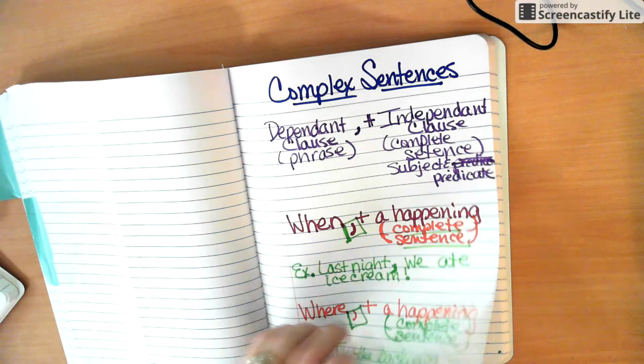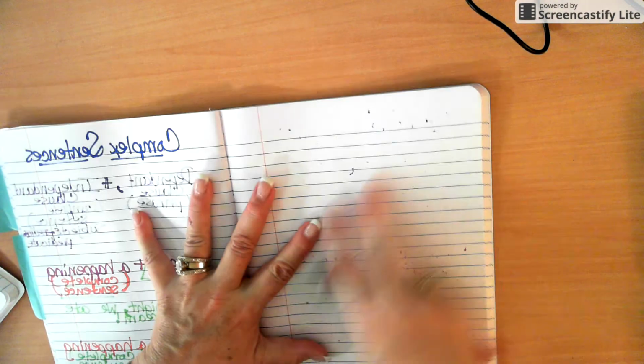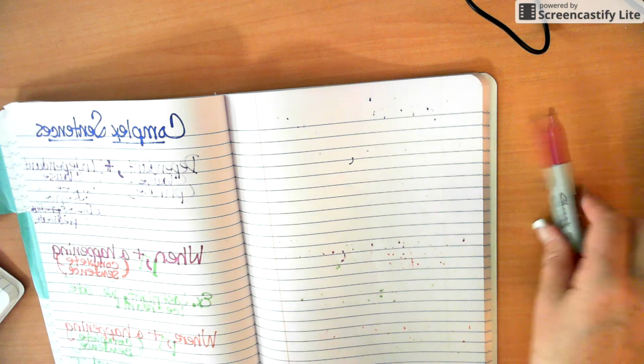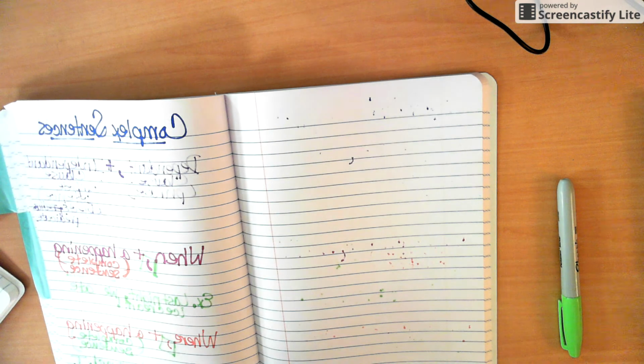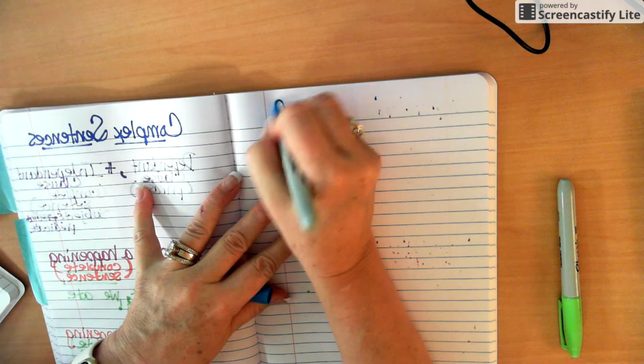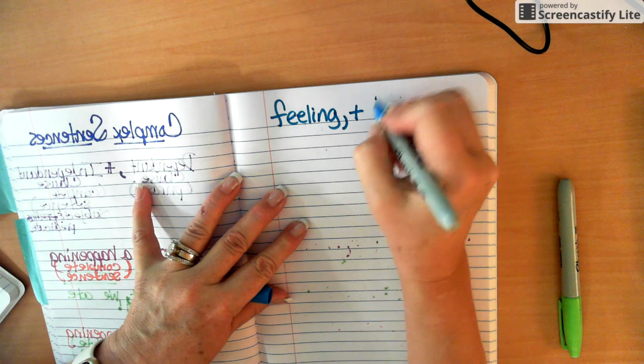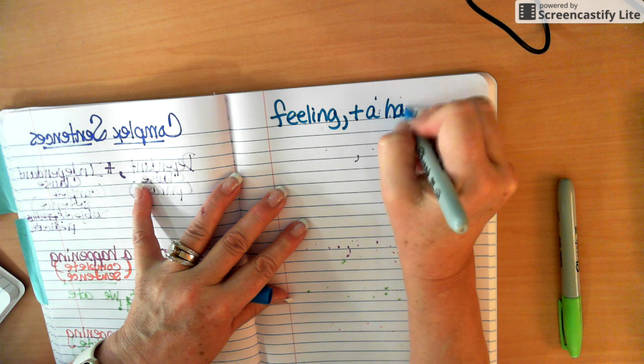Now you may not need to turn your page, but I'm going to turn mine and go to the next page for the next one. All right, the next one is a feeling, comma, plus a happening.